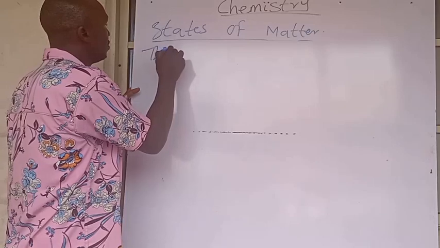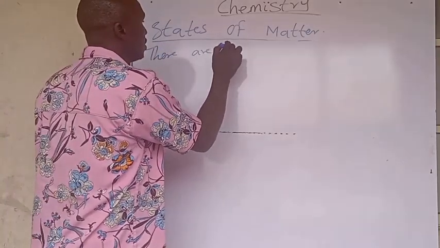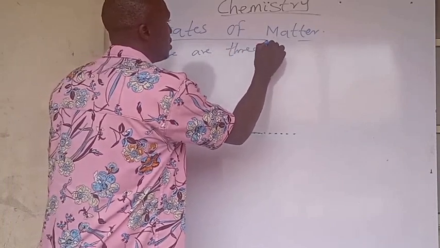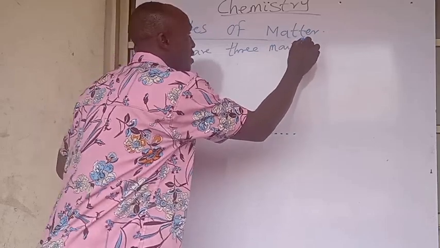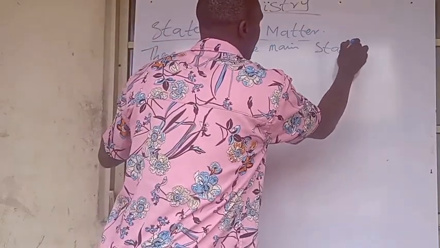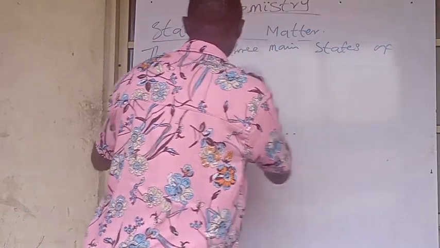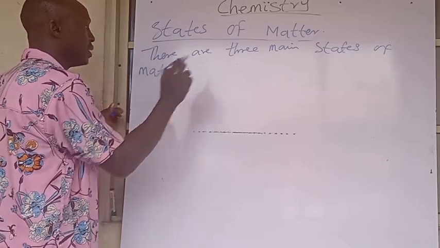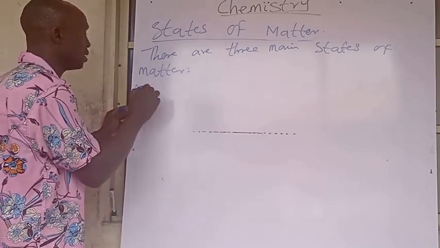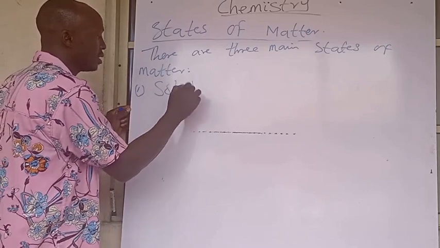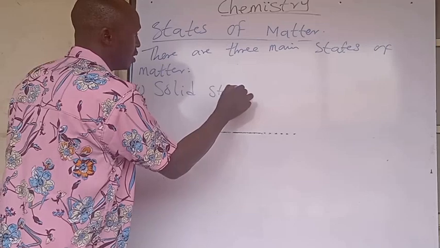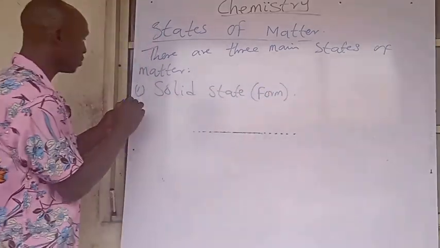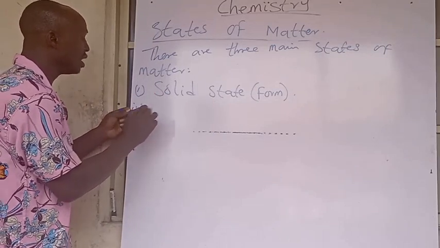There are three main states of matter. They are: one, the solid state, or you can call it forms. Number two is the liquid state.